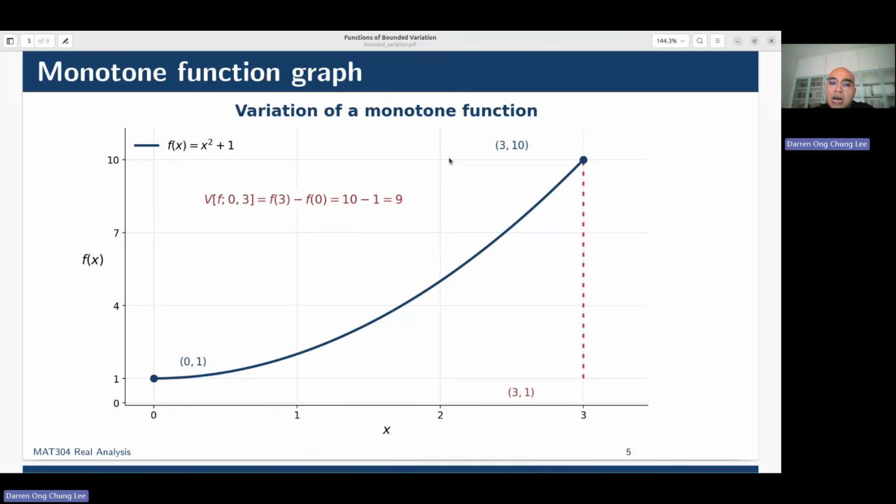And it doesn't matter how you cut up the interval [0, 3]. You can partition it into smaller pieces however you want, but at the end, the vertical distance that your graph travels will always be 9. It doesn't matter which partition you choose.